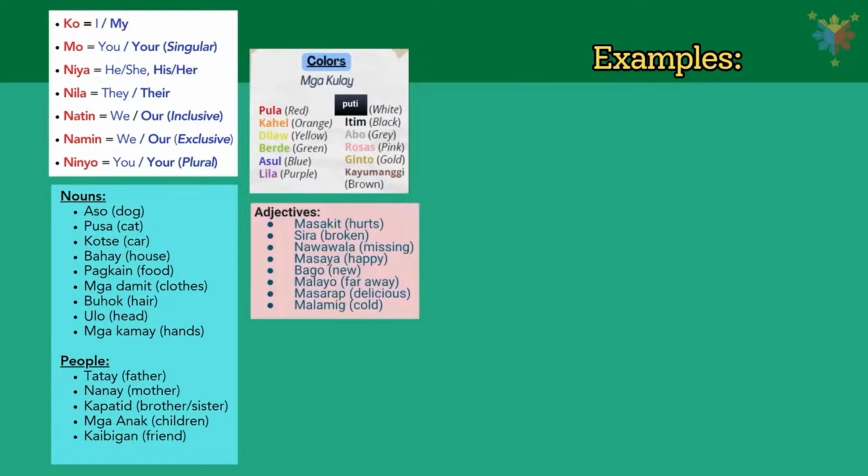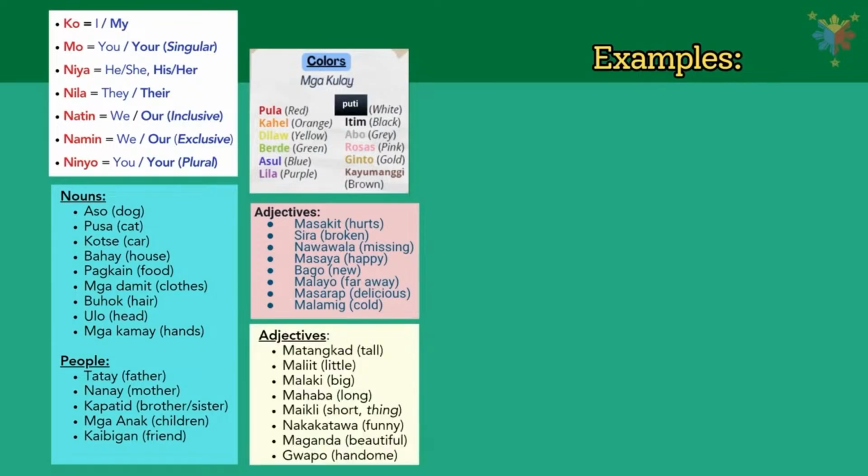And some more adjectives: masakit, hurts, sira, broken, nawawala, missing, masaya, happy, bago, new, malayo, far away, masarap, delicious, malamig, cold.